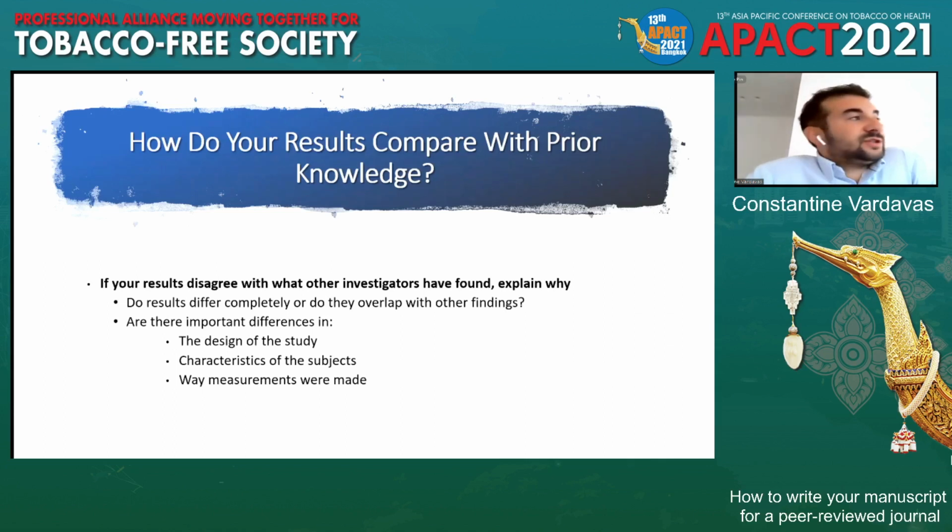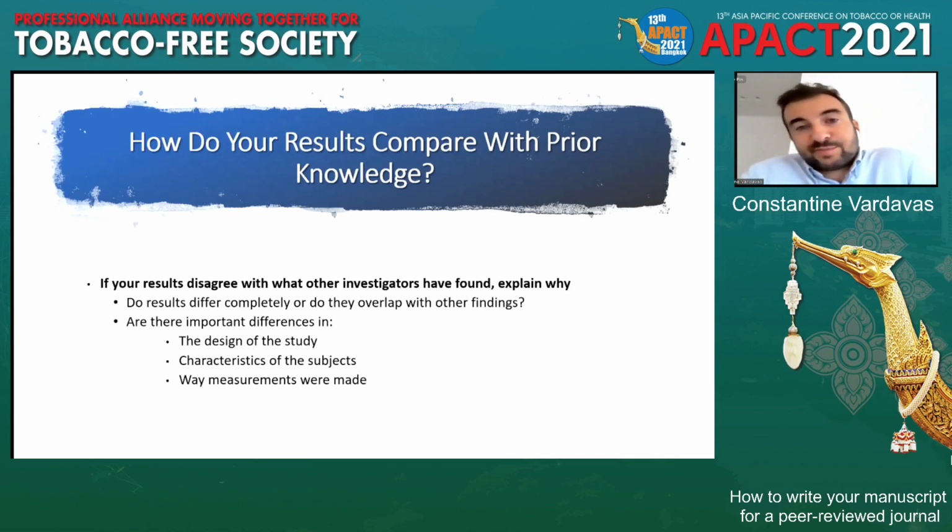It could be because you have a very different study design, or because of the study participants, which is an inherent issue because they're not the same people in the study. A study done, for instance, on the island of Crete in Greece is going to be different from a study done on another island or in another city, or a study done in Thailand.